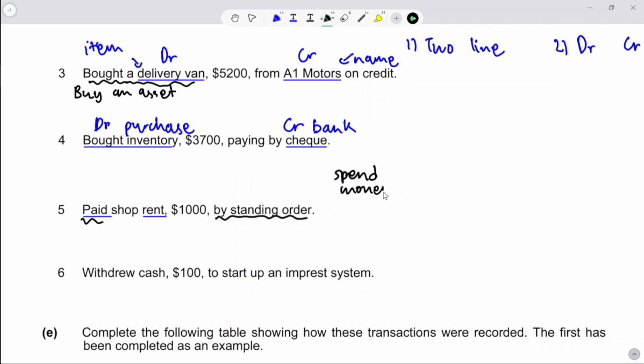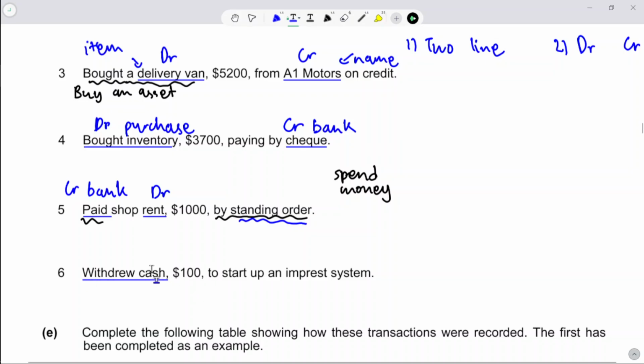So this one you should credit. If there is one credit, the other one will be debit. Reduce cash.